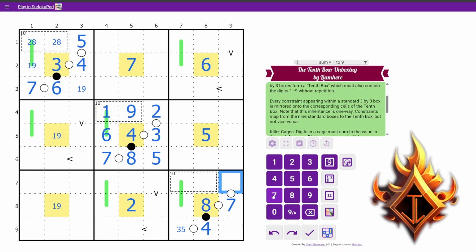So it is 7, 6. 6 in one of these. These two are on a German whisper, so that is 9. That is 1. Now the 10th box is finished.